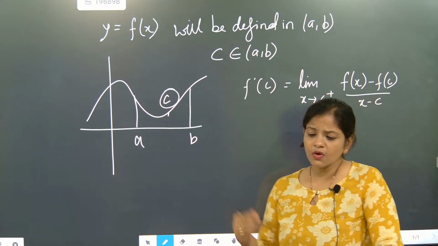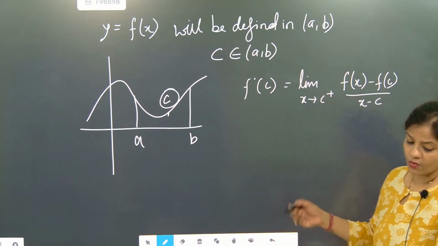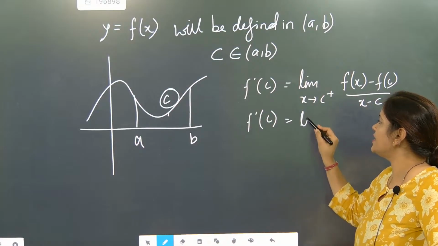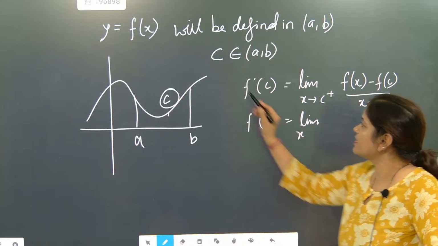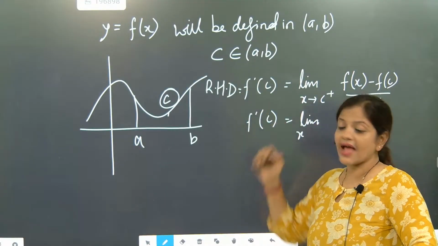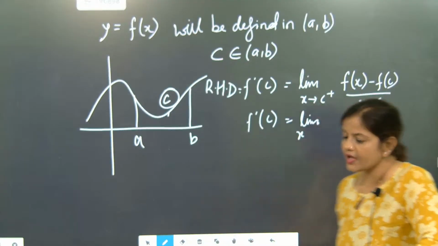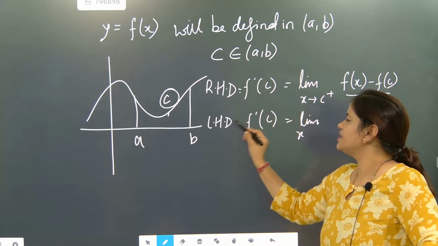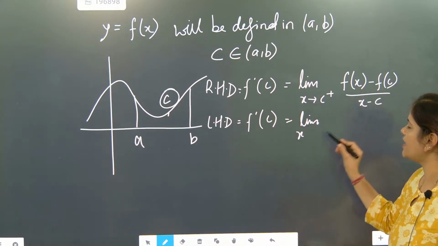What will be RHD? f dash c will be exactly the limit, and if this part comes, it is called the right hand derivative. This other part becomes LHD and is considered the left hand derivative.